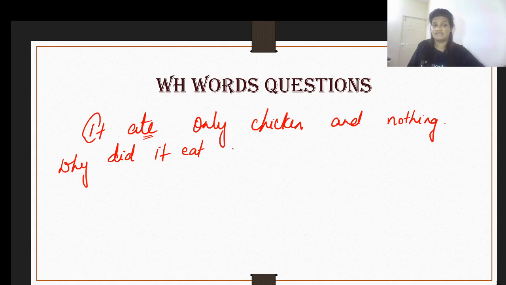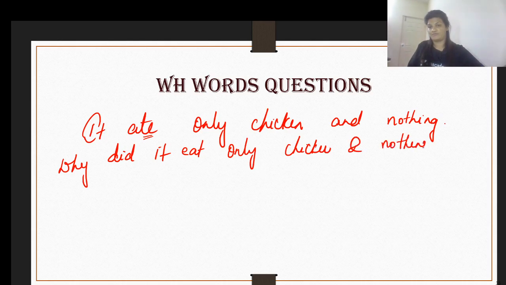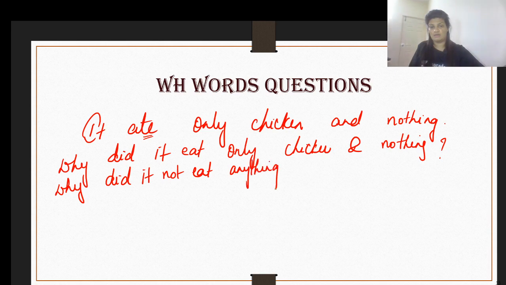Why did it eat only chicken and nothing? Question mark. How will you make that as a negative? By adding the negative word. Why did it not eat anything but chicken? And there you go with your question mark.